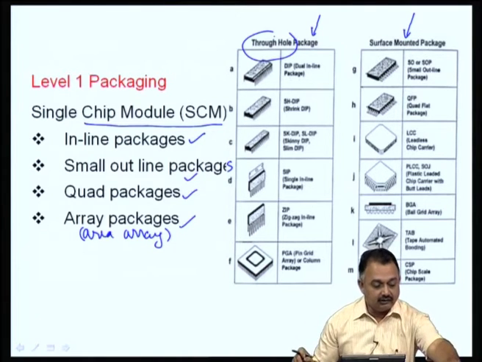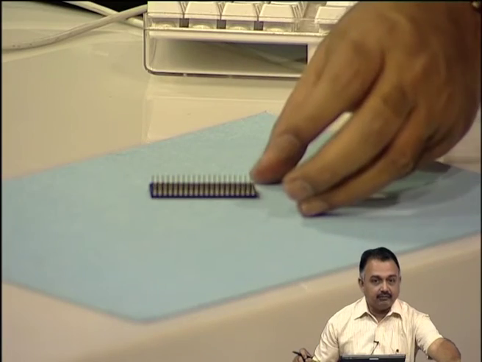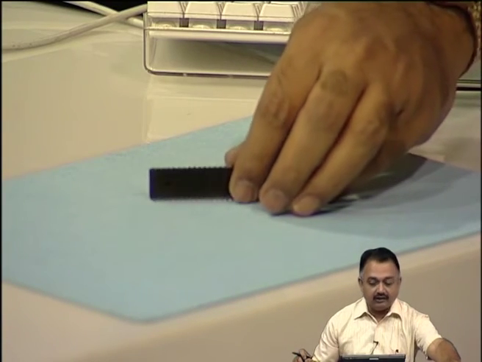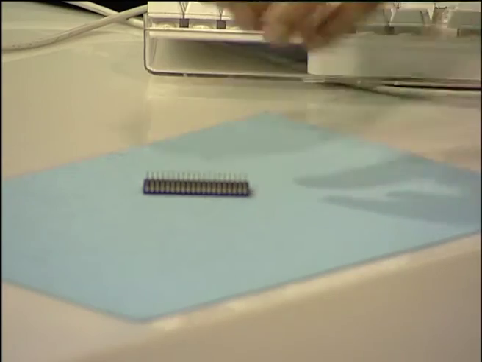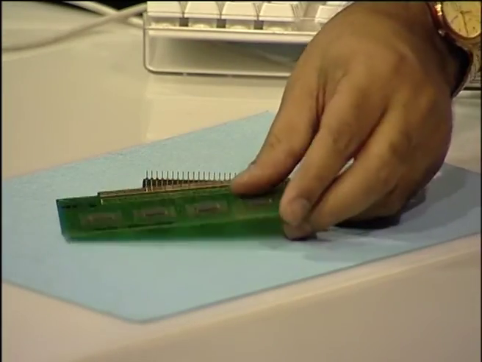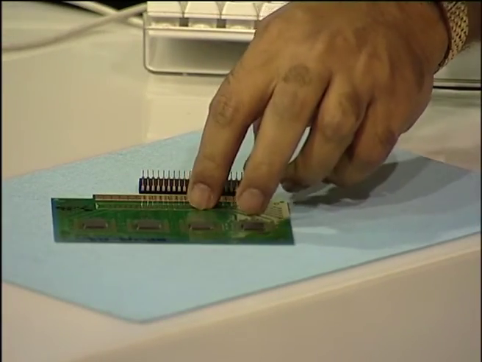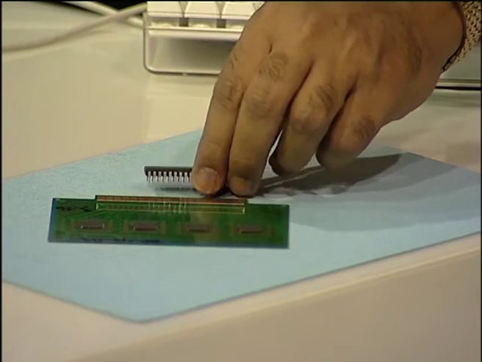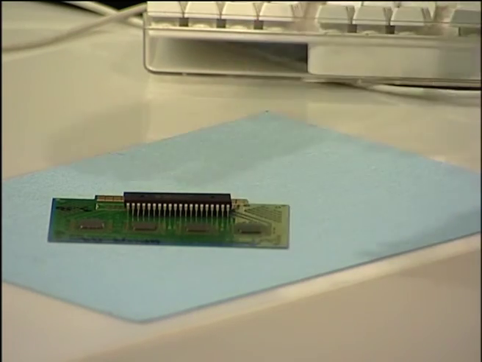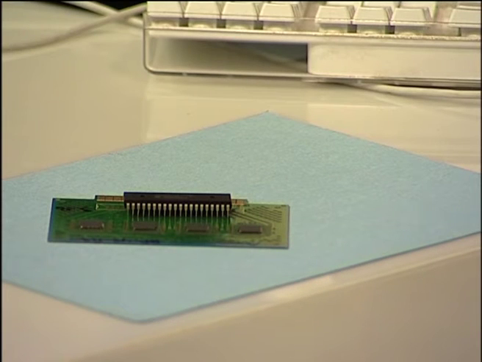As you can see here, the device consists of pins. The pins have to be inserted into a printed wiring board of this type, which means the holes are necessary to be fabricated in this printed wiring board, and this goes inside the through hole of the board. So, those packages are known as through hole packages, very simple.